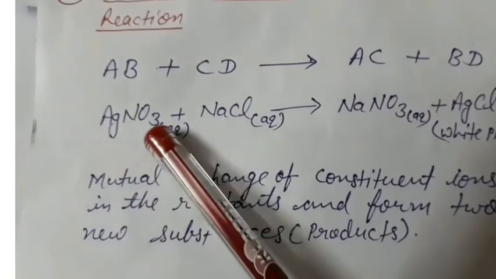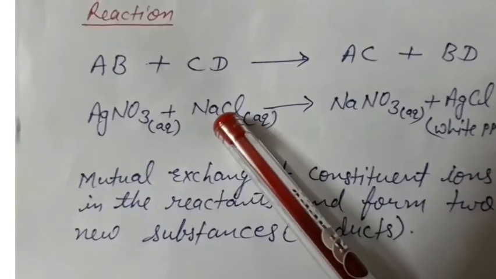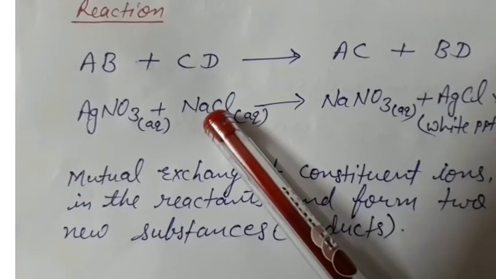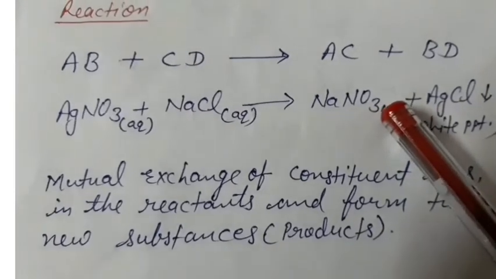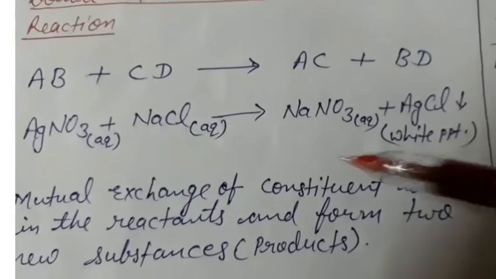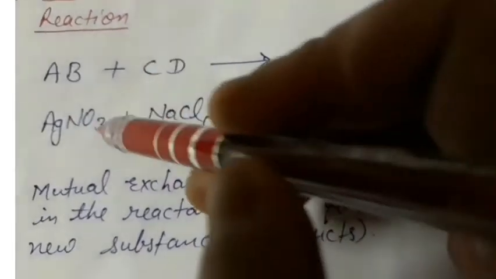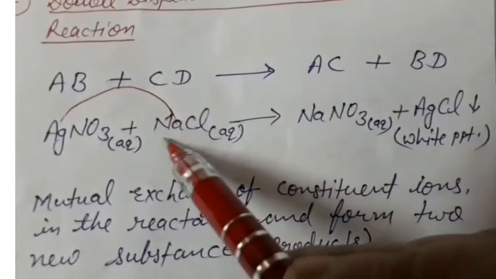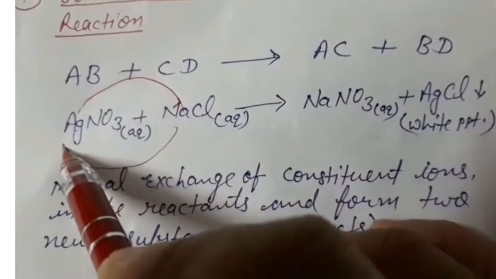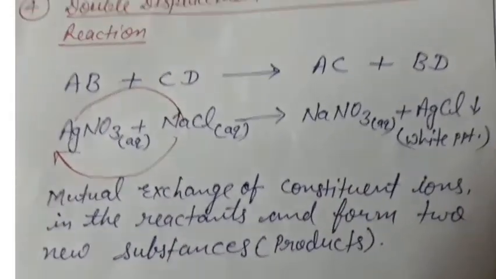Example, AgNO3 reacting with NaCl, Ag and Na both exchange their positions and NaNO3 and AgCl are formed in this reaction. So the exchange of these ions is known as the double displacement reaction.